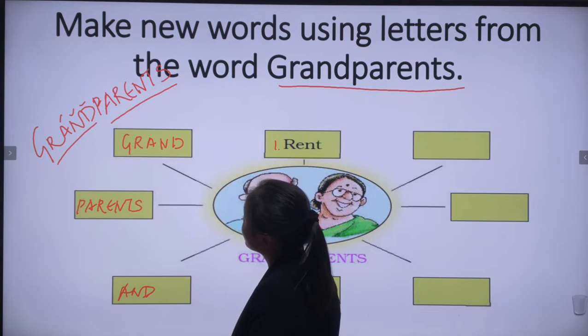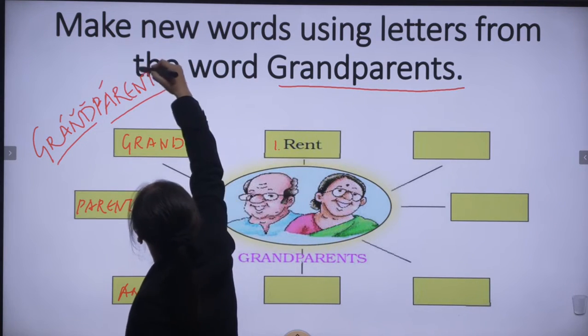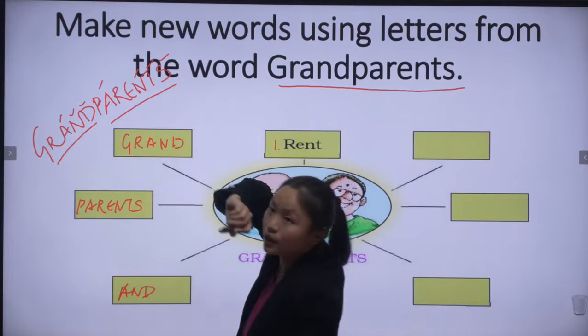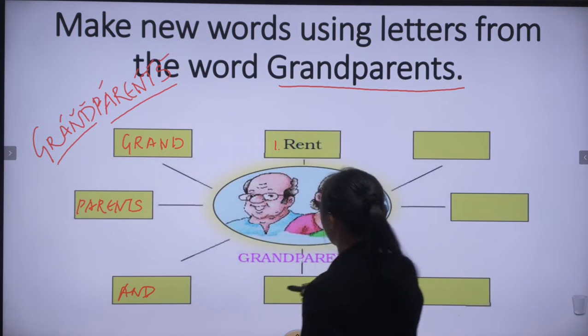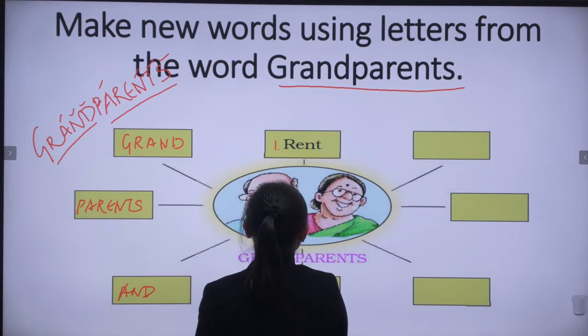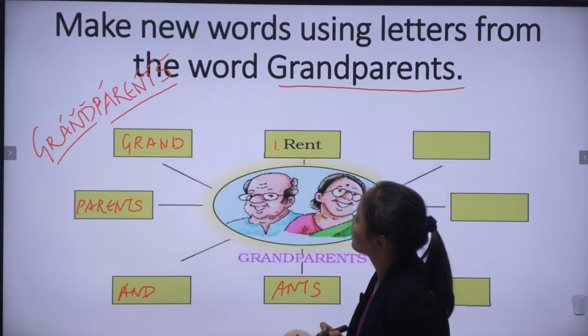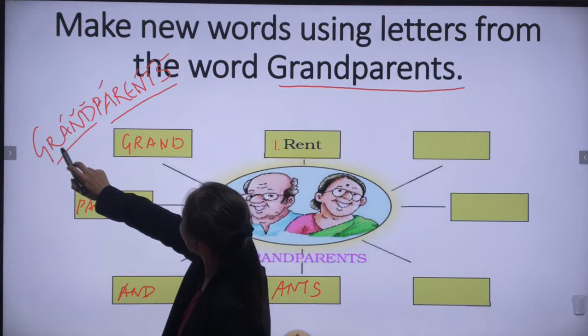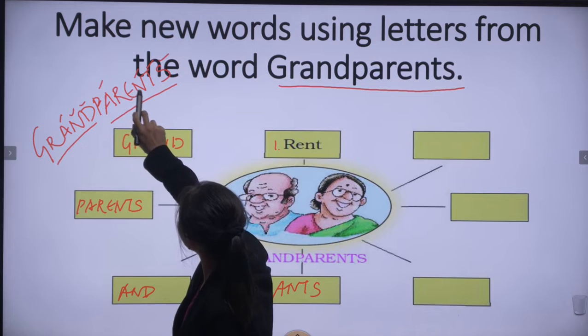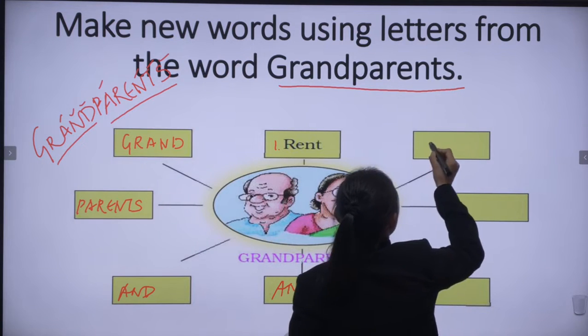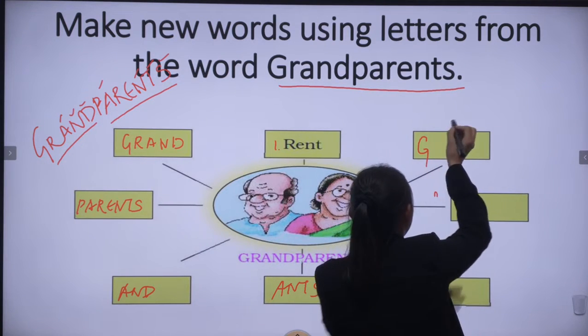And what are the other words? ANDS, ANDS. And other words, what can we see? Let's see, GRAPES. We can also find the word grapes.